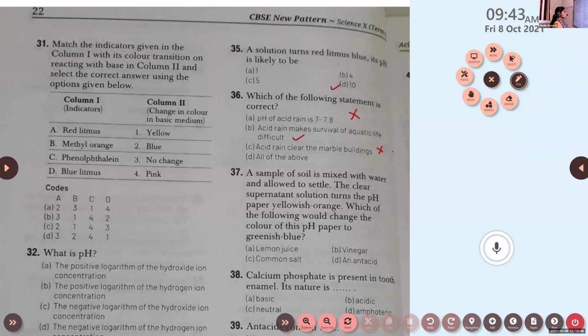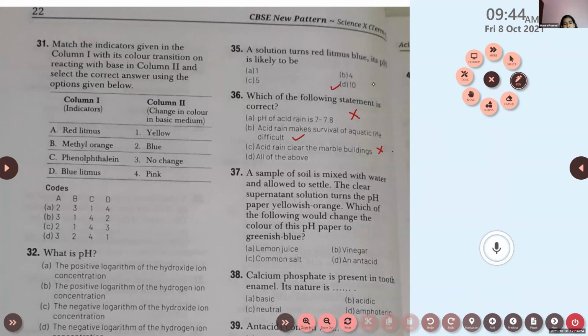Okay. A sample of soil is mixed with water and allowed to settle. The clear supernatant solution means the clear solution on the top of that container. That solution turns the pH paper yellowish orange. Which of the following would change the color of this pH paper to greenish blue? So you look at the pH paper and tell me, when it is yellowish orange, is it acidic or basic?